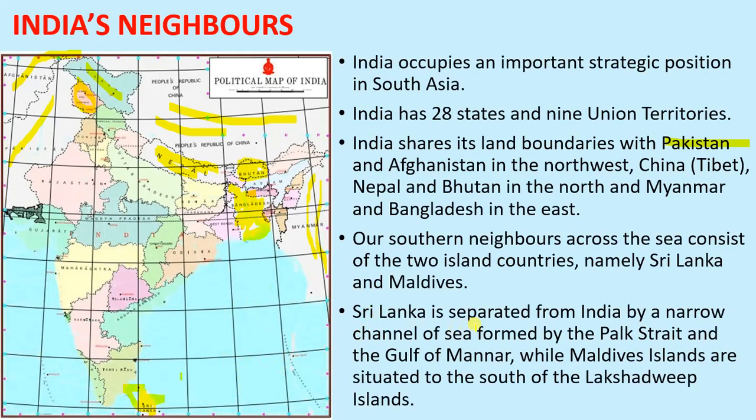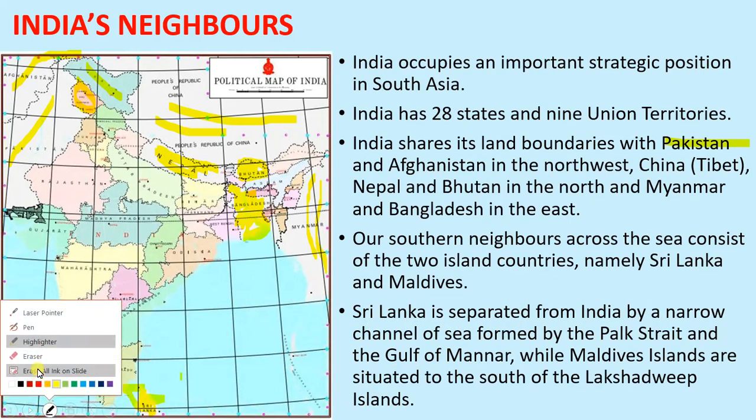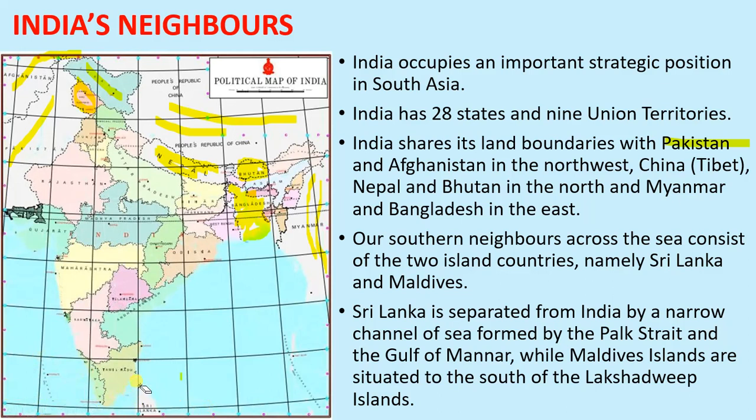Sri Lanka is separated from India by a narrow channel. Narrow channel means here India and Sri Lanka are joined by a narrow line of underwater mountain region, and it is connected by a little bit of shallow water region, land part, and separated by this Palk Strait and Gulf of Mannar.